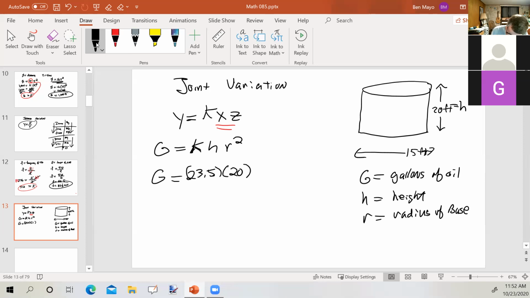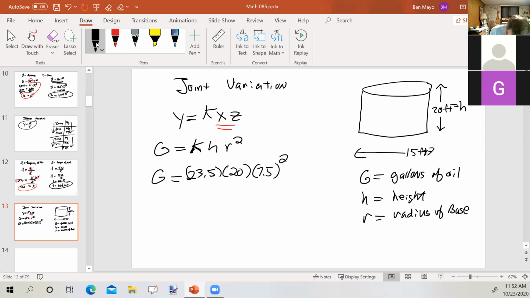Do we know what H is? 20. And what was R? 7.5. And don't forget, R is squared. So let's see what I get when I multiply that all together: 23.5 times 20 times 7.5 squared.